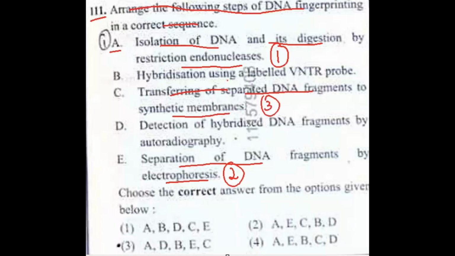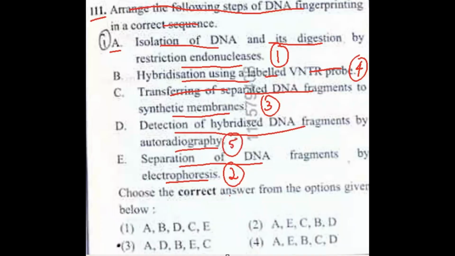And the fourth one will be hybridization using a labeled VNTR probe. So this will be the fourth one. And the last one will be detection of hybridized DNA fragments by autoradiography. So that will be the fifth one.